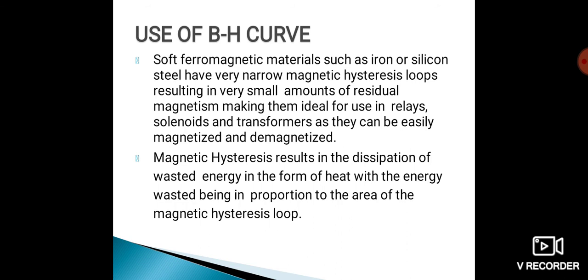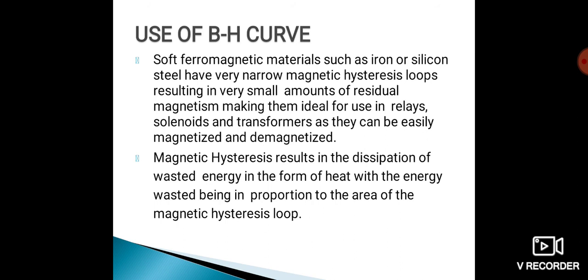As the crystalline structure of the soft ferromagnetic material is very rigid, the residual magnetism will be very much less. So the hysteresis loop will be narrow in nature.